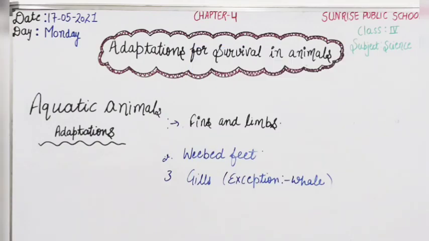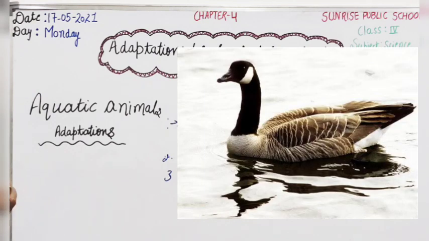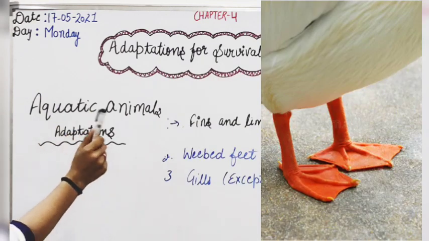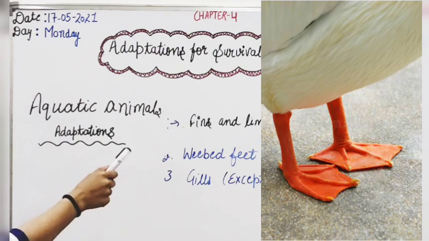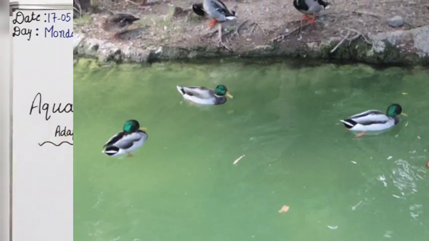Some animals like ducks and geese have webbed feet, which help them push water back while swimming.